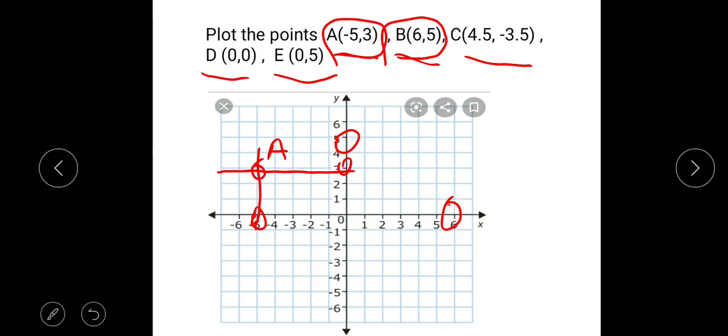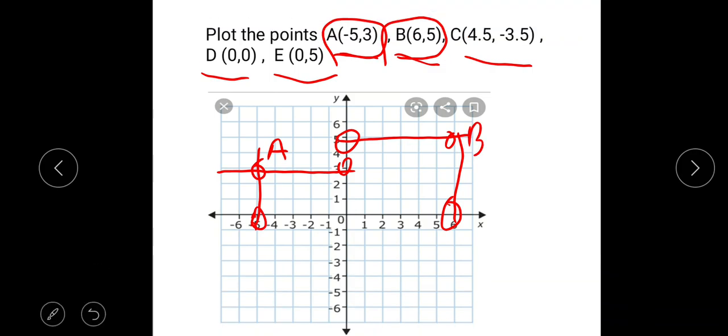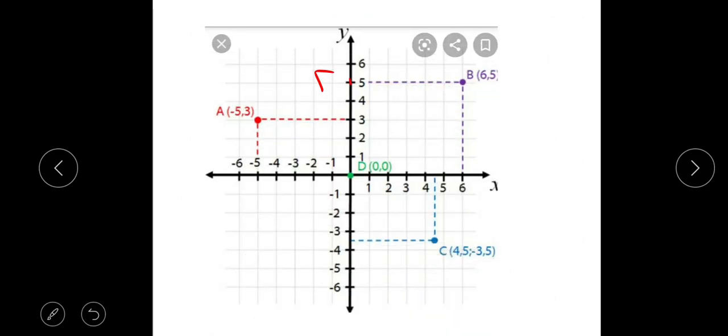Draw lines from 5 and from 6 on the x-axis. So this is our meeting point, that is our B. Okay, so its answers, look here. This is our A (-5, 3), and B (6, 5).